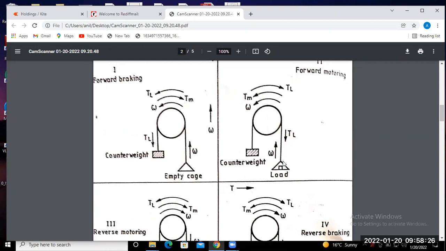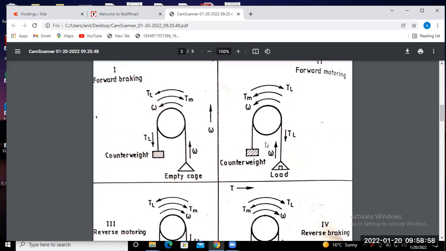You want the motion of this load in the upward direction. So in which direction will the motor torque act? Since we are discussing the first quadrant, motor torque and speed are in the positive direction. Rotation in the anti-clockwise direction is conventionally considered positive.